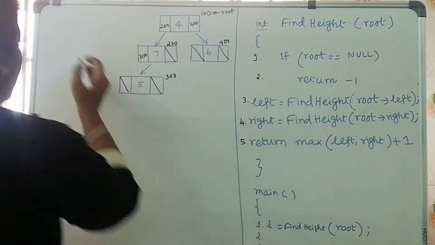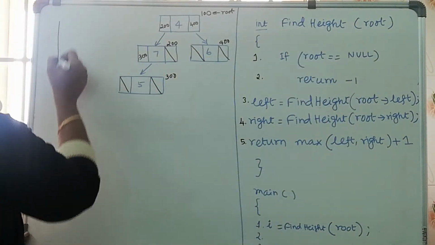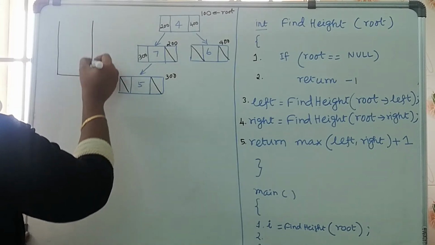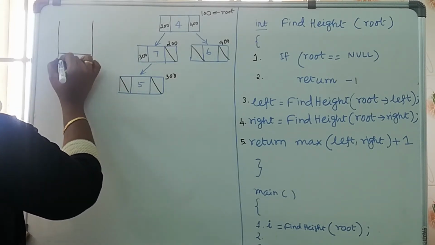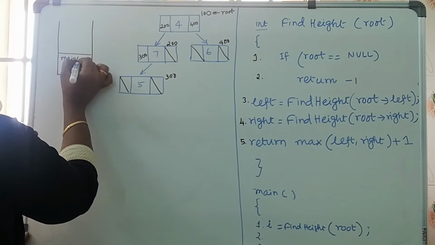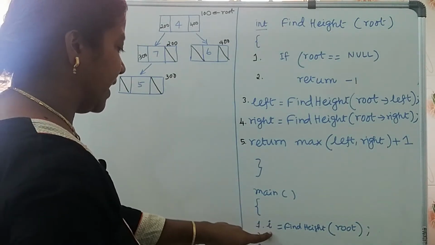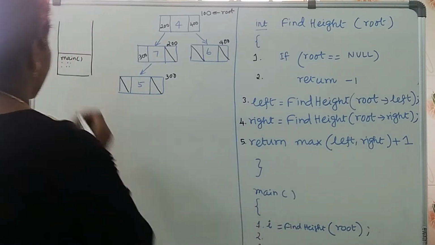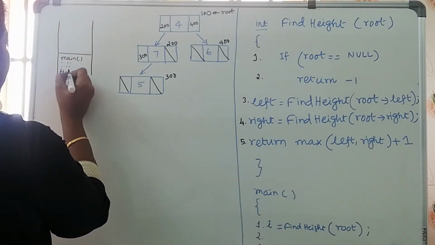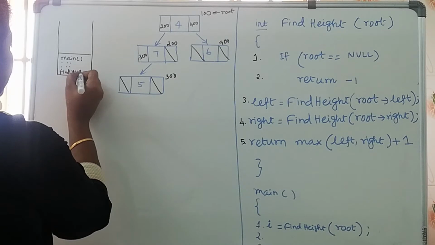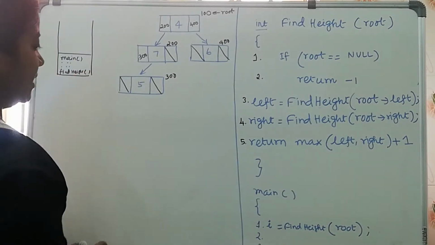Before that, as I said, any program gets started from the main function. From the main function, all the local variables get initialized, like i, and then it calls find height. Find height is a method.